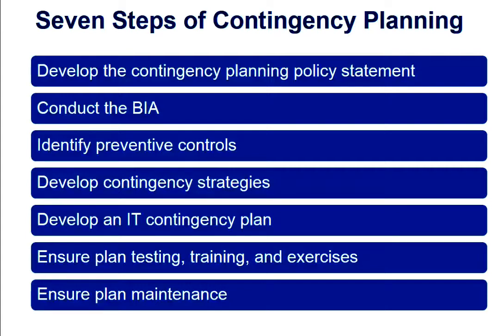As the second step, it drives much of the contingency planning. You only need to plan contingencies for systems identified as critical in the business impact analysis. You're not doing a full certification and accreditation on your systems. You are only identifying critical functions.